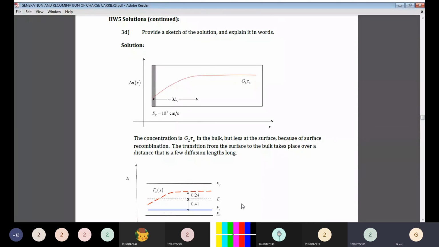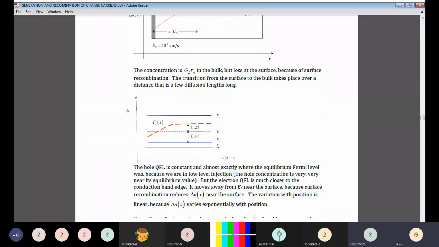So last, drawing the graph for the above problem. The concentration is, we know, G_L tau_n in the bulk, but less at the surface because of surface recombination. The transition from the surface to the bulk takes place over a distance that is a few diffusion lengths long.